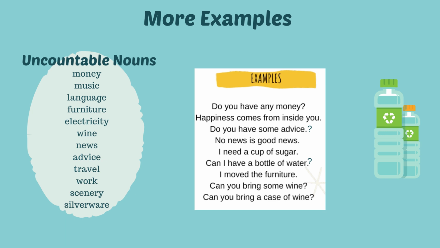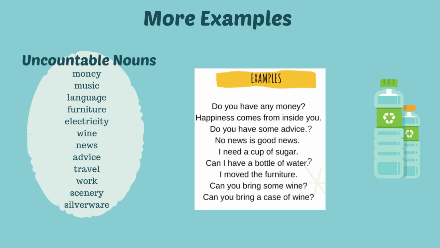Language. He speaks many languages. Furniture. We moved the furniture. Electricity. He has some electricity today. Wine. He has 10 bottles of wine. News. He got some good news. Advice. He gets plenty of advice. Travel.